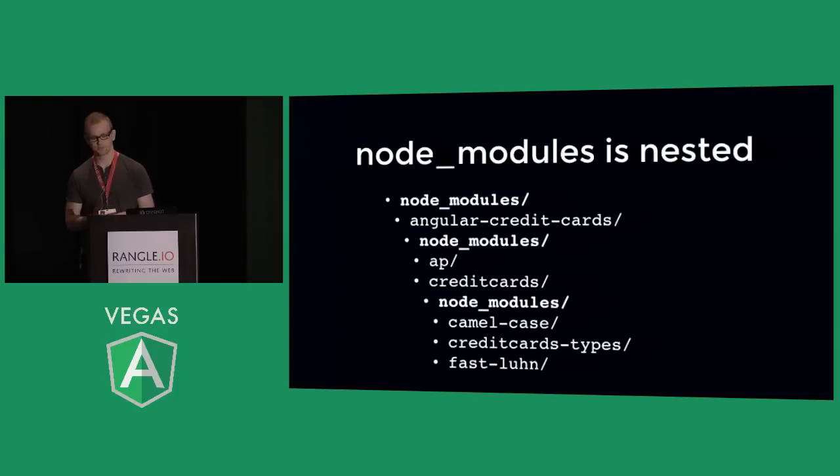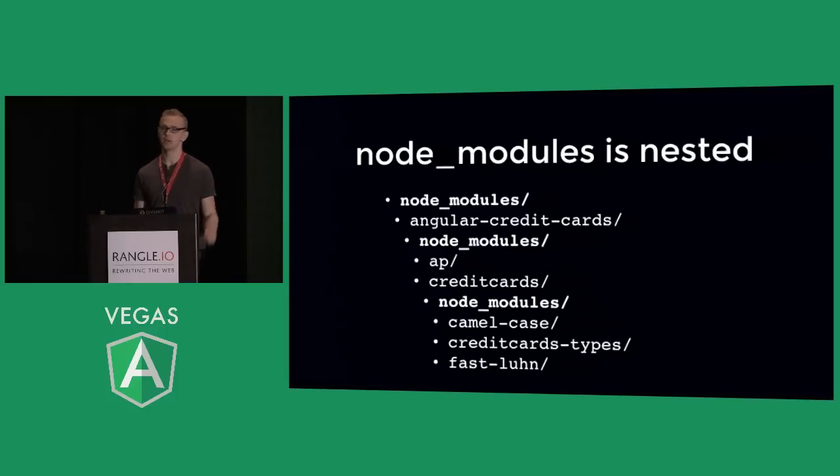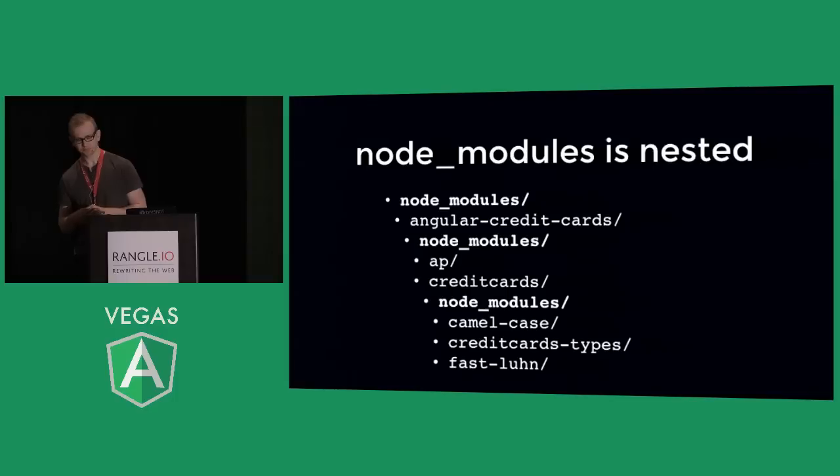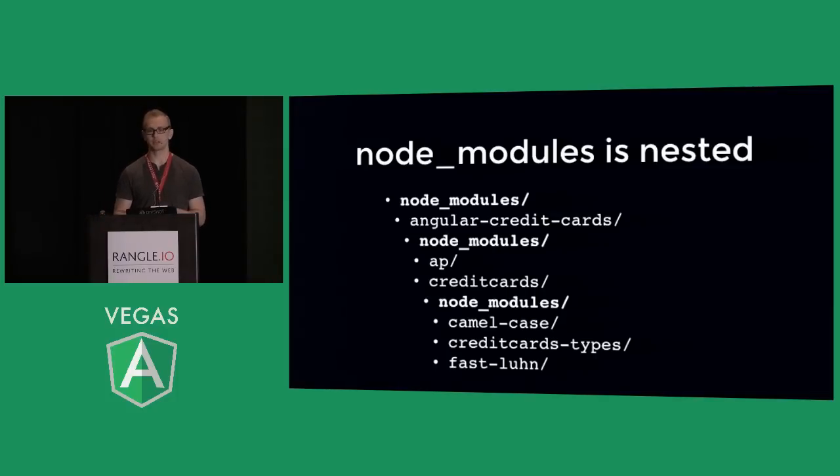Credit cards is a Node module. Credit cards depends on camel case for doing string camel casing. It depends on credit card types for doing type-specific credit card transformation, and it depends on fast LUN for running the LUN algorithm against your card numbers. This is actually just a subset of what would really happen if you installed Angular credit cards. There's even more. And the thing is, you don't have to care about any of this.